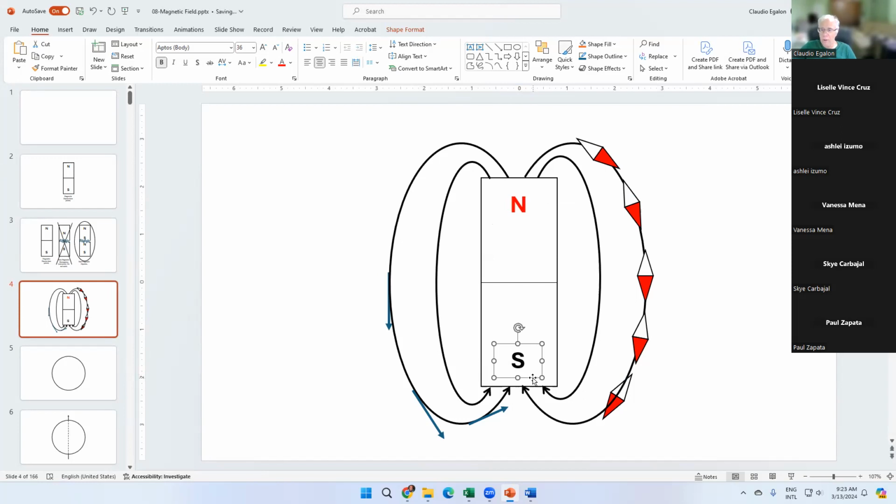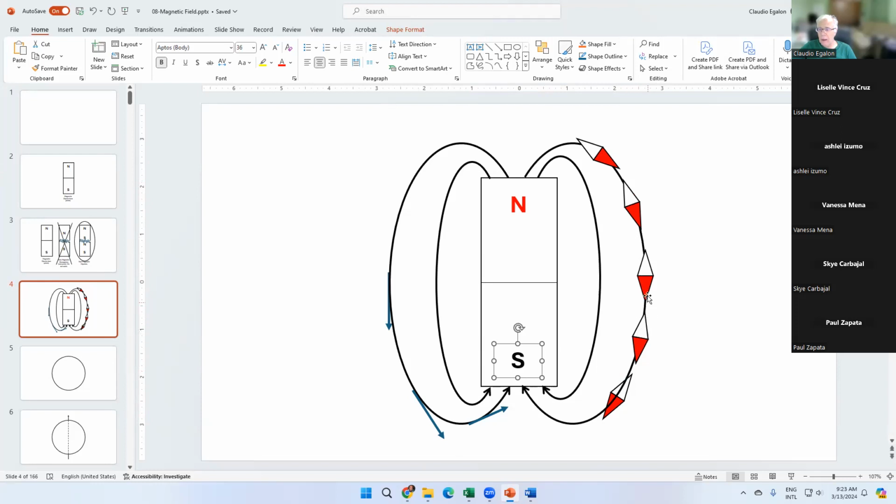The magnetic field lines come out from the North Pole and converge towards the South Pole. If you put a magnetized needle next to a magnetic dipole, it is going to orient tangent to the magnetic field lines.